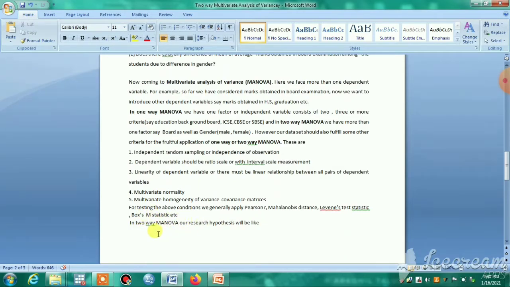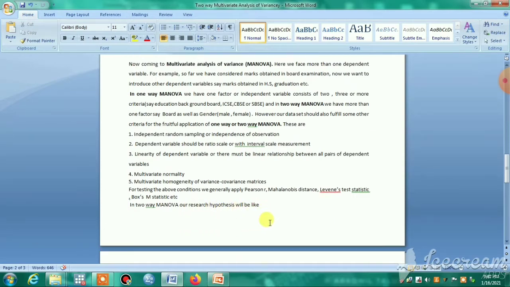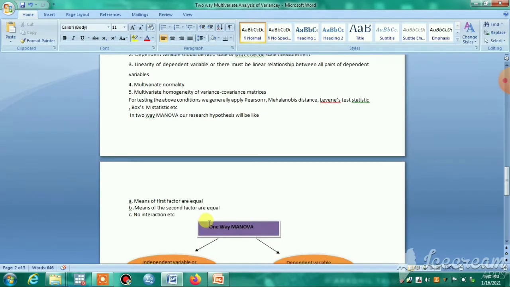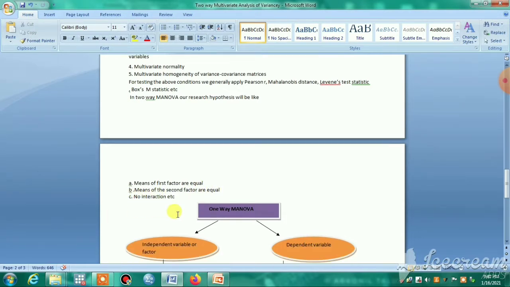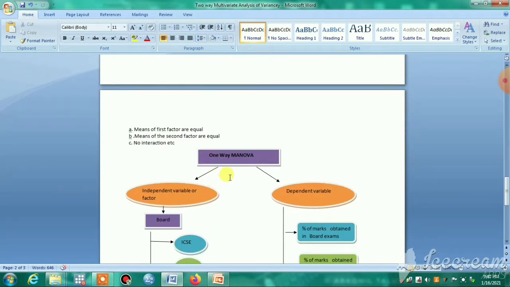In two-way MANOVA, our research hypothesis will be like: means of the first factor are equal, means of the second factor are equal, no interaction, etc. This is the one-way MANOVA diagrammatic presentation.